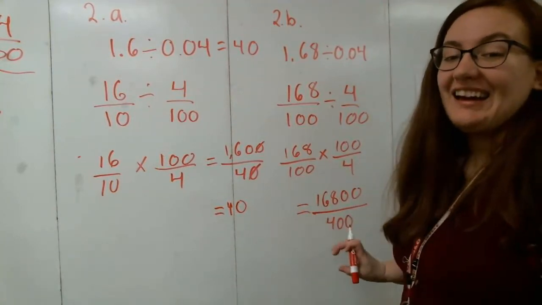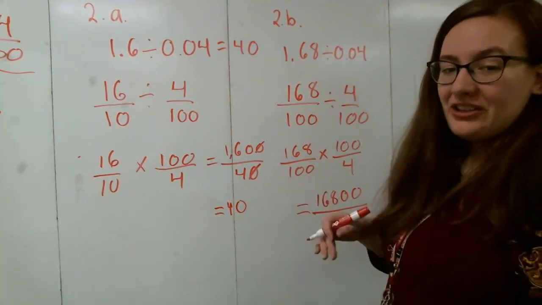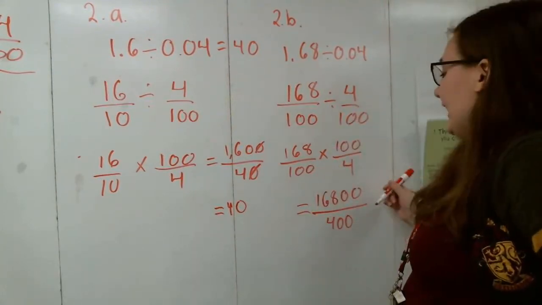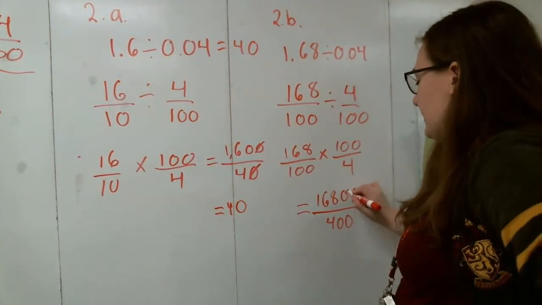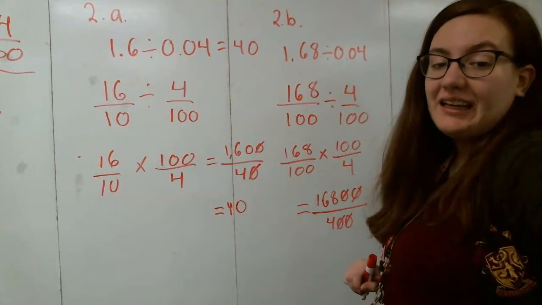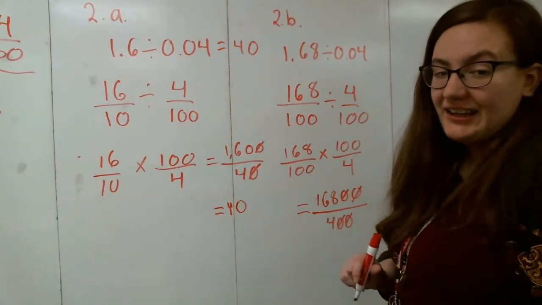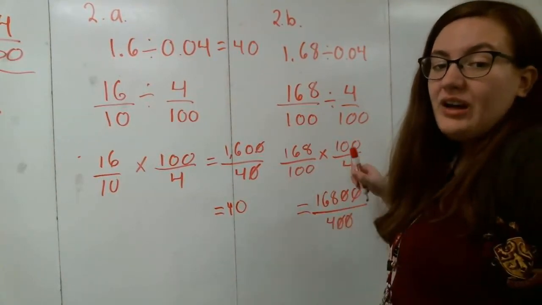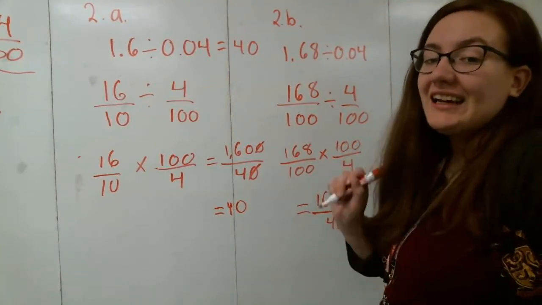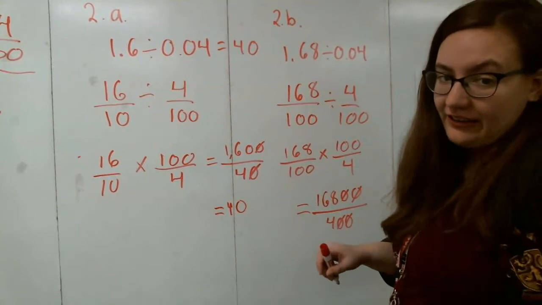Now, you might get a little nervous at this problem, but trust me, we can still do all of this math in our heads. So I have 2 zeros both on the top and bottom. So I'm going to cross off those two zeros. And what this leaves me with is 168 divided by 4. Now, what you'll notice is that I have a couple of factors in here that I can easily divide to get my final answer.